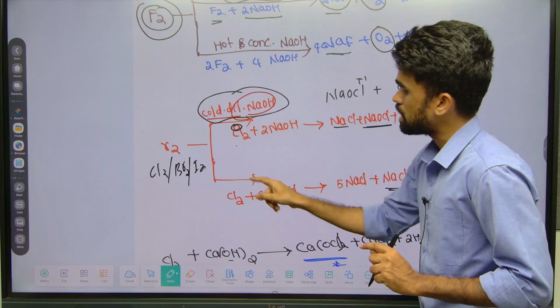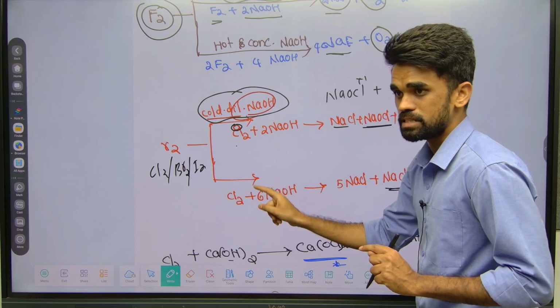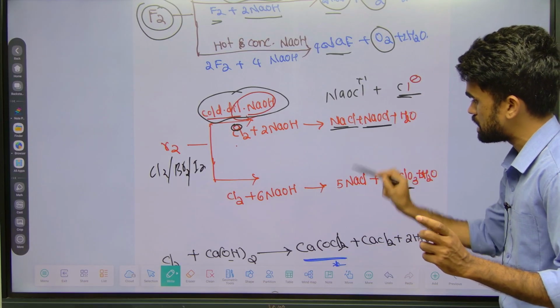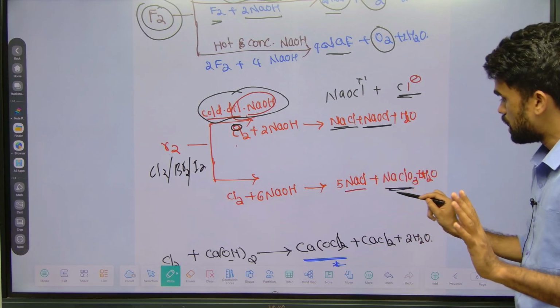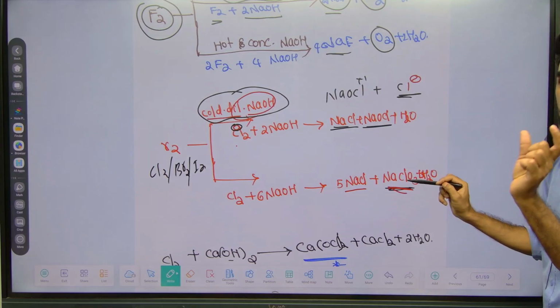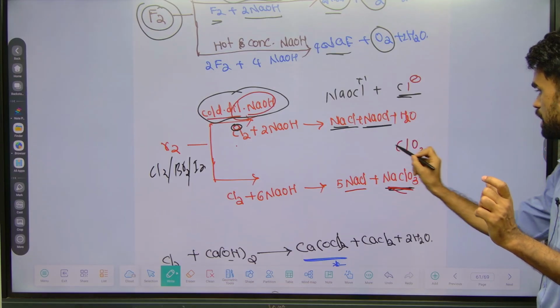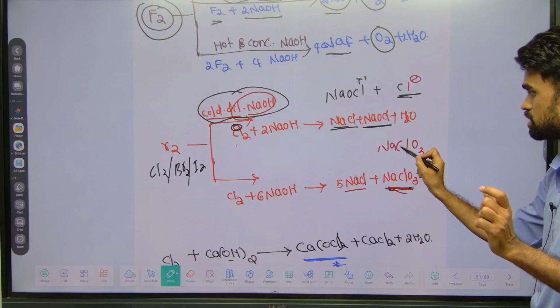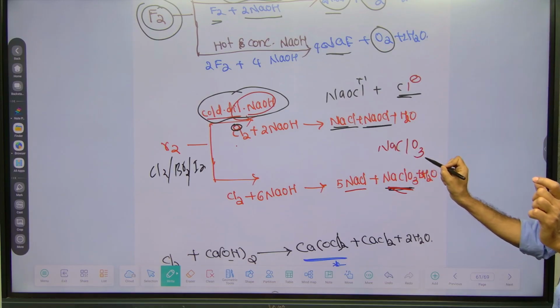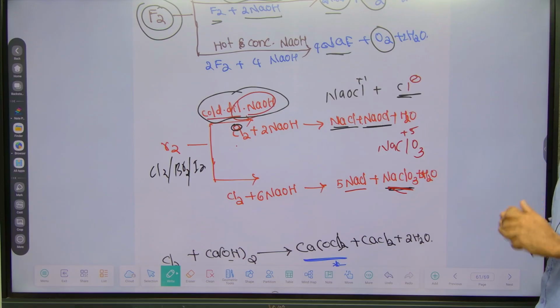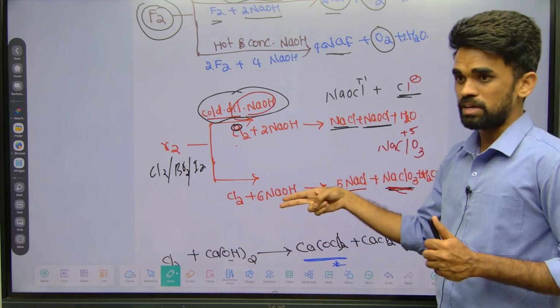Okay, if I say hot concentrated NaOH, the product formed will be the same NaCl, that is fine. But along with that, chlorate ion is formed, like ClO3 minus. Here, overall it is sodium chlorate. Now the oxidation state here is +5. What are the two types of products formed? Tell me once.